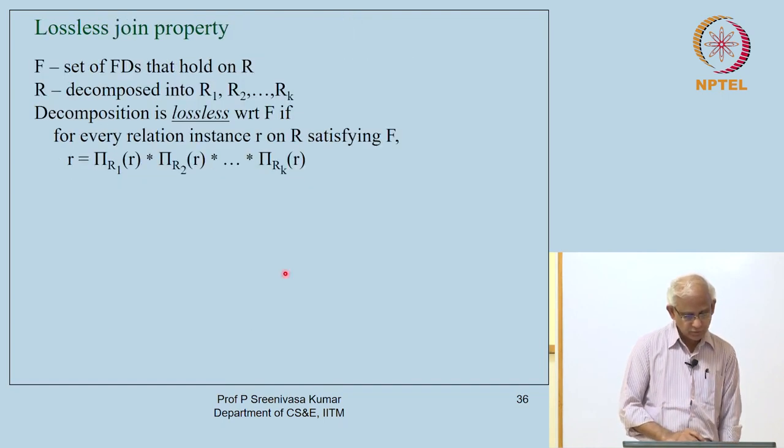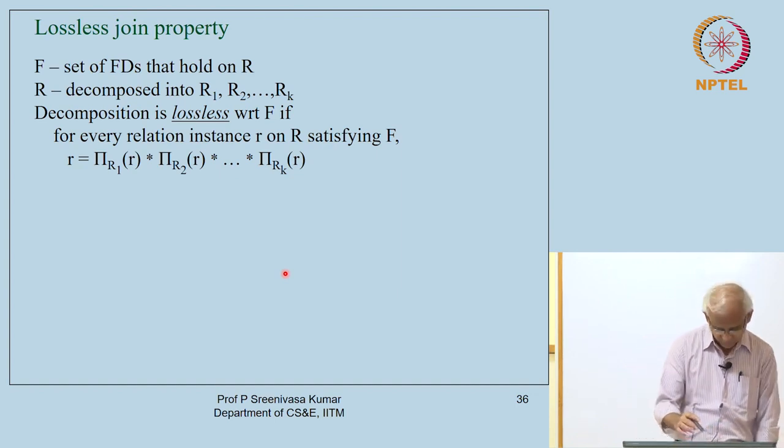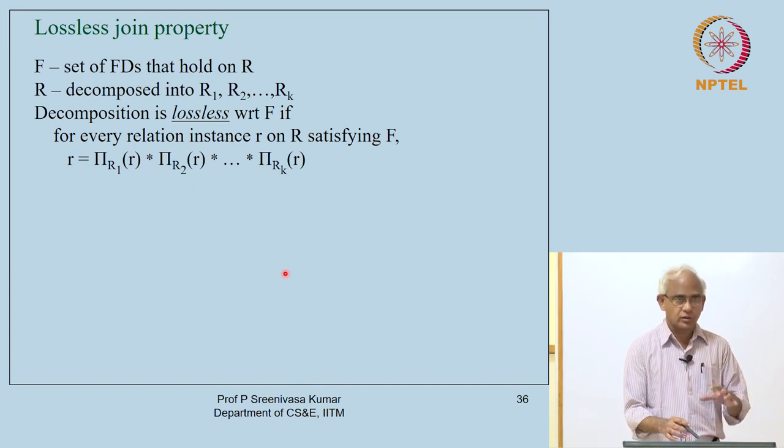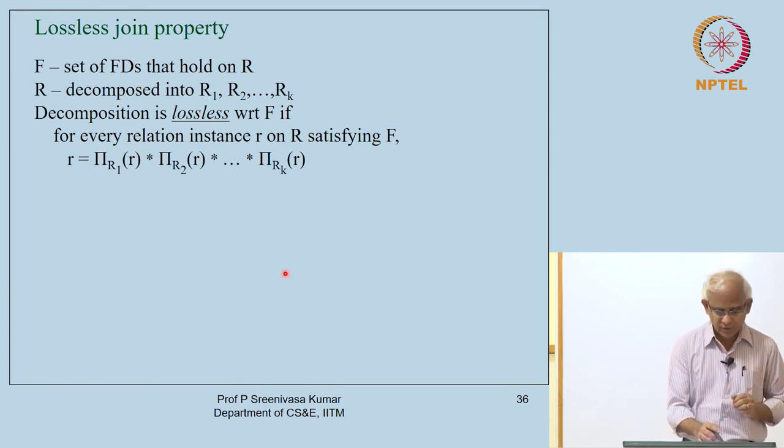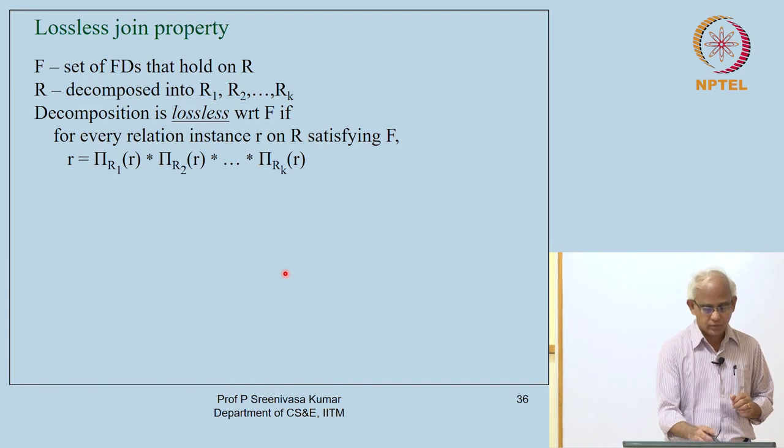In this context, the first thing is we will elaborate on the losslessness property. That means there should not be any loss in information. Let me set that up a little bit more formally now. Let us say we have a set F of functional dependencies that hold on R, and R is decomposed into R1 through Rk.